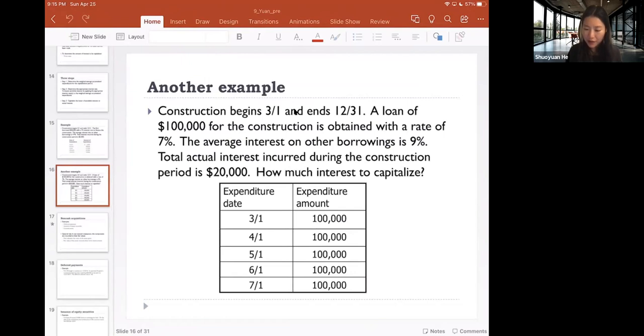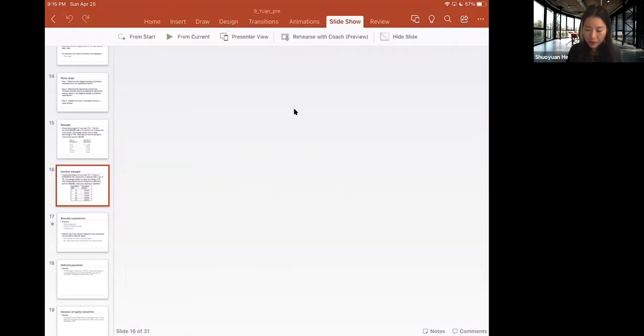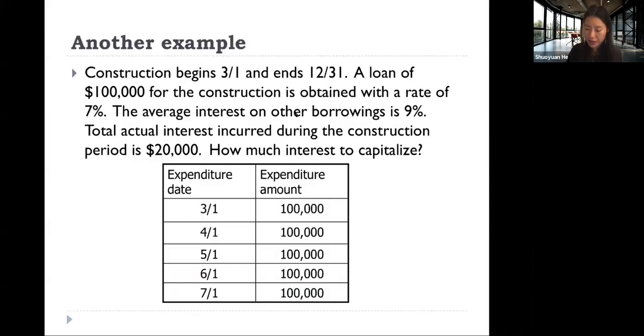Let me just write out the journal entry here. The journal entry is to debit PP&E for 20,000 and credit cash, that is the cash interest paid, for 20,000.